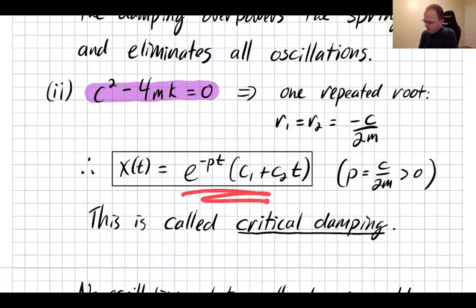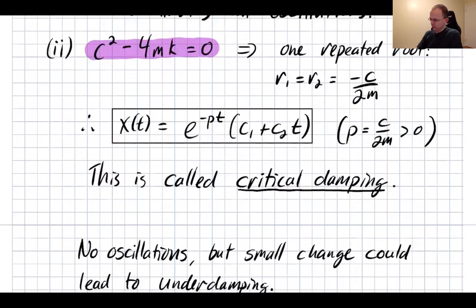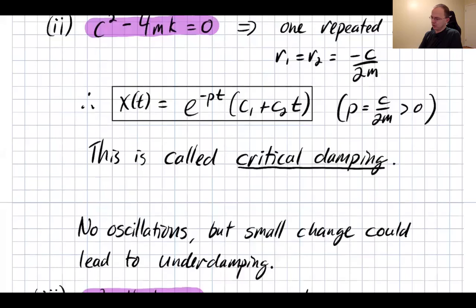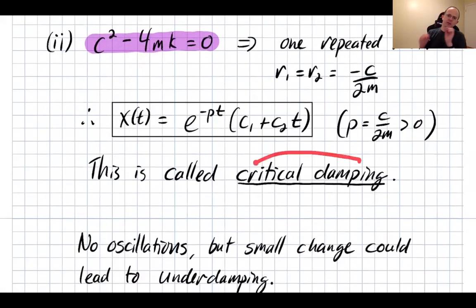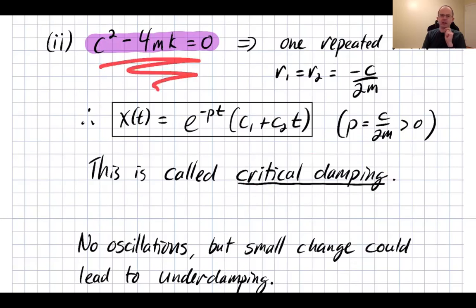So again, what's nice about this situation is that it also does not experience any oscillations. So there's no oscillations here. But the reason why it's termed critical damping is because it's really hard to be exactly 0.